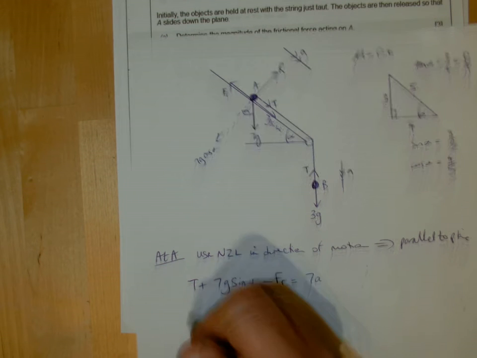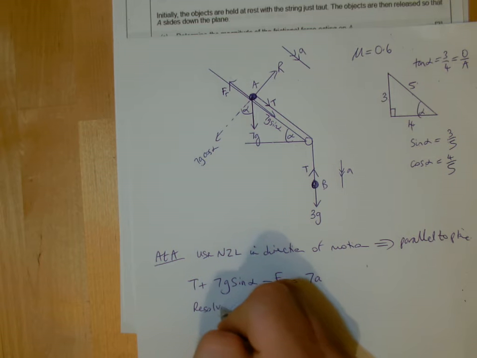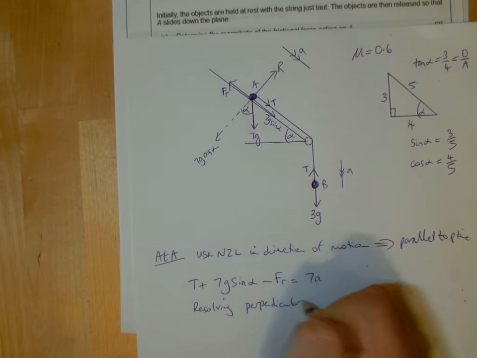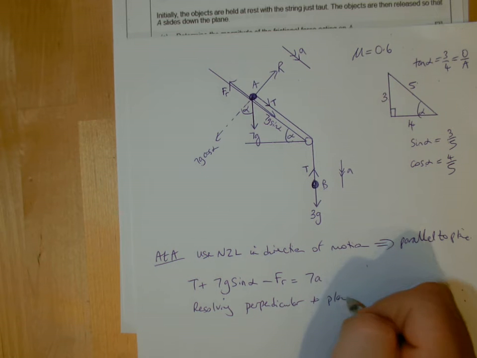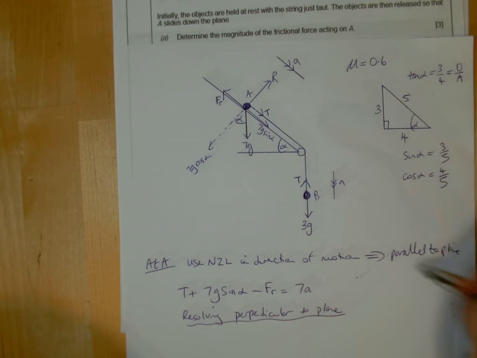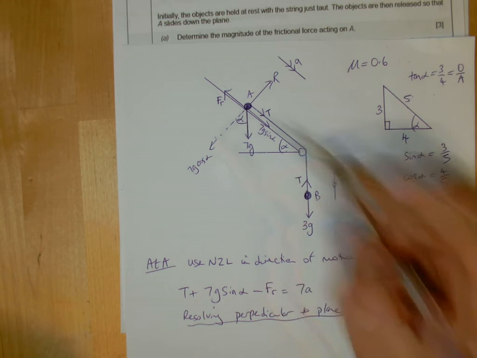If we resolve perpendicular to the plane, R will equal 7g cos alpha.